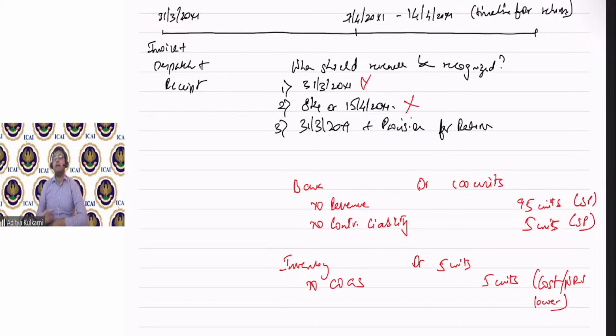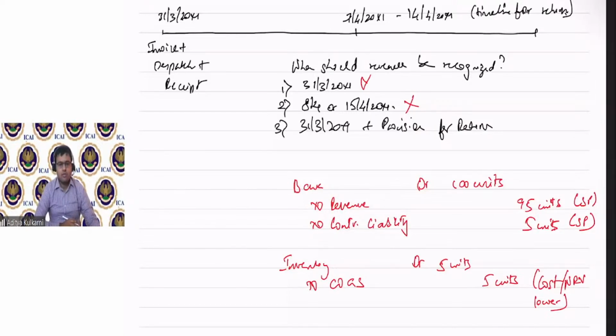You will apply Ind AS 2 principles, because you have to maintain it as per Ind AS 2. So you will book it at cost or NRV, whichever is less. Are we clear with this?